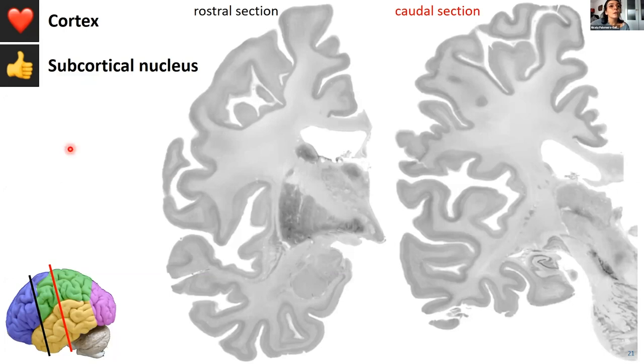Right, yes, somebody has a heart. So here I'm back. Right, so yep, my laser pointer was on cortex. Yes, very good. Now if I move my laser pointer here, would you say that this is a heart or a thumbs up?